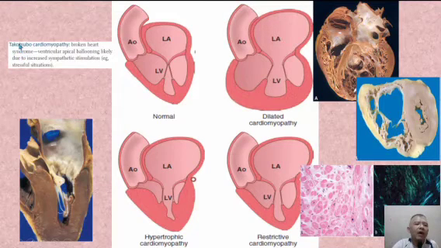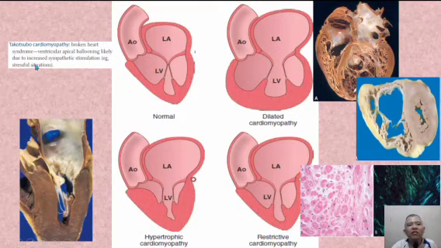There's a special type of cardiomyopathy, and it's called Takotsubo cardiomyopathy. It's otherwise known as broken heart syndrome, wherein there is ventricular apical ballooning due to increased sympathetic stimulation.